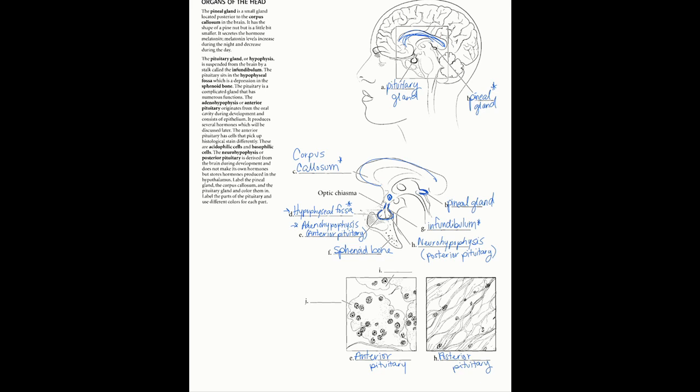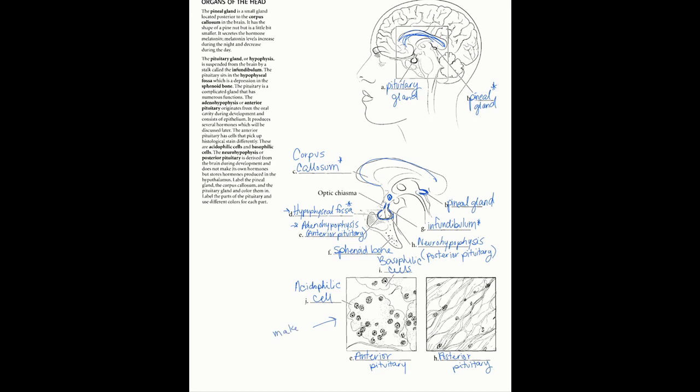It's important to know that we have acidophilic and basophilic cells. These are mentioned because these cells are going to make hormones.